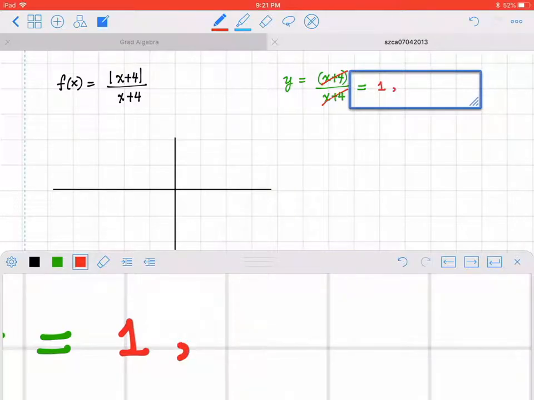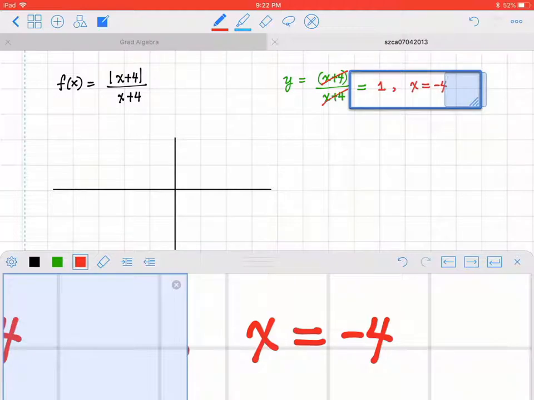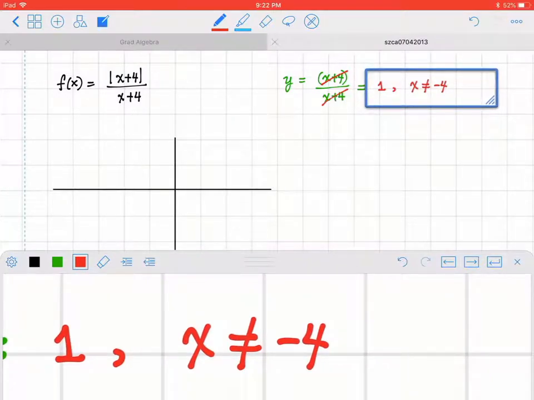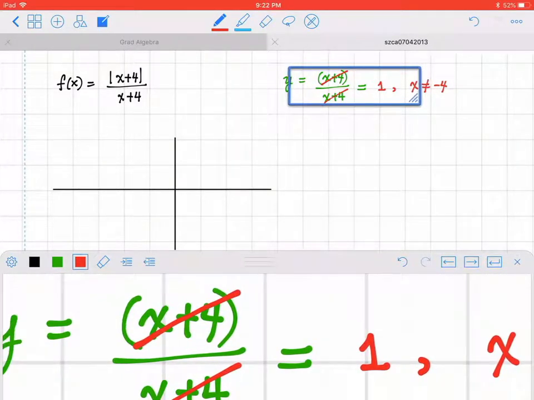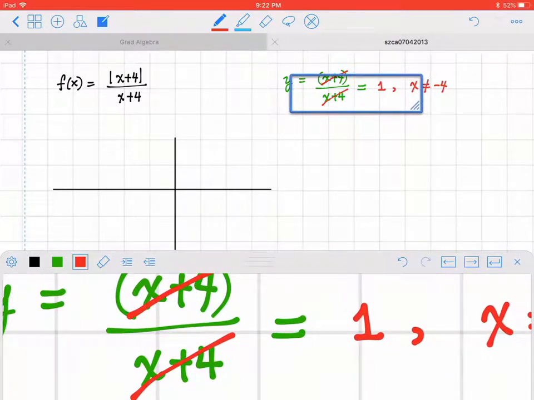Now, when is the denominator 0? It's 0 when x plus 4 equals 0, and that means when x equals negative 4, so you don't want it to equal negative 4. And whenever the x values are not negative 4, then this function is kind of looking like 1, the constant 1.